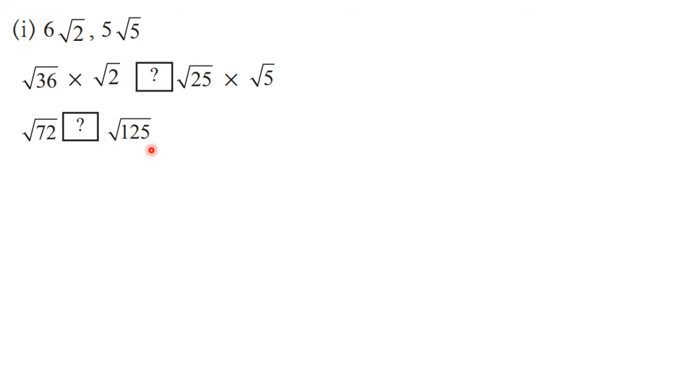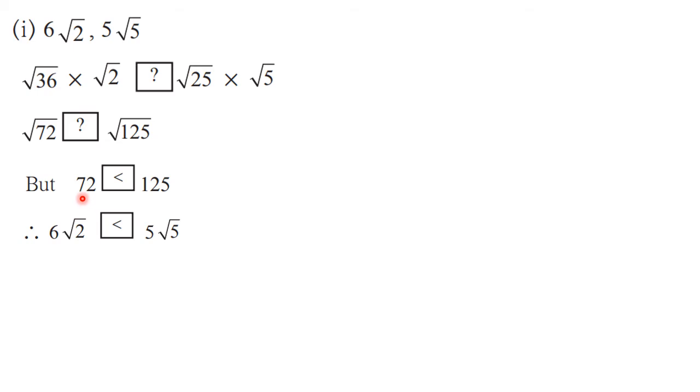So we can say that 125 is greater than 72, or you can write 72 is less than 125, and therefore the same order continues for the original surds. Therefore we can write that 6 root 2, that means the first surd, is less than the second surd. Okay, so the less than symbol appears here. This is the first method, that you convert it to the root and then you compare.